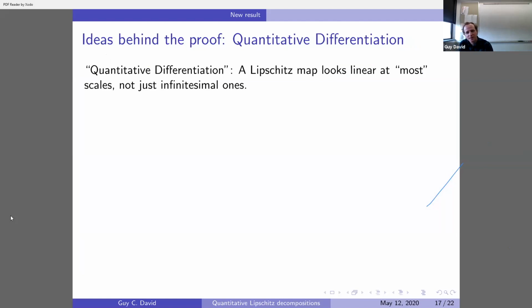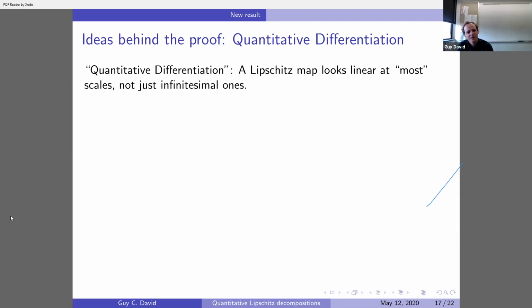So the main thing that goes into the proof of this result is this idea of quantitative differentiation. There's not just one theorem; this is a very general principle that's been used in a lot of contexts. Even if you're not that interested in decomposing Lipschitz maps, the main subject of this talk, this is a very useful idea to take away.